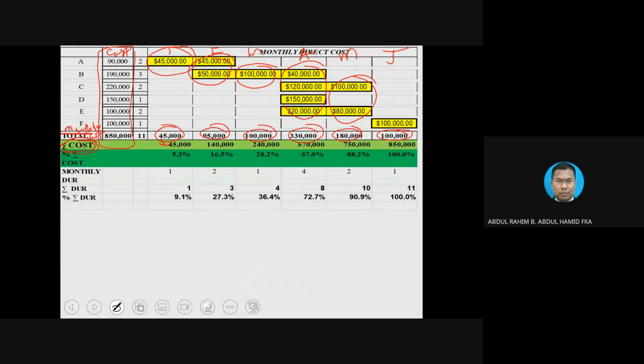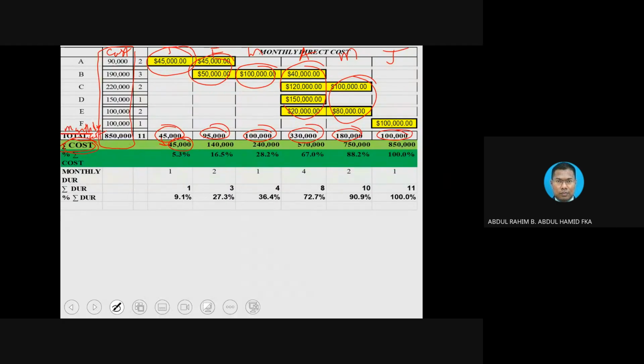Simple. You just copy back 45,000 and put it at the right-hand side of the column to indicate that the calculation we consider is at the end of each month. And for your information, all our calculations for cash flow, we are going to consider at the end of that particular month, at the end of each month.